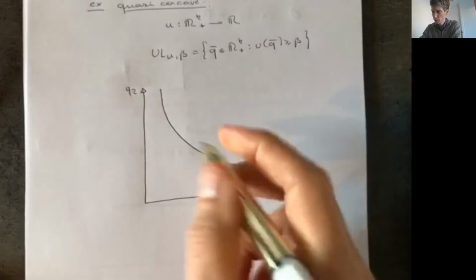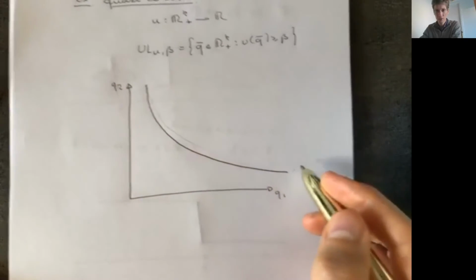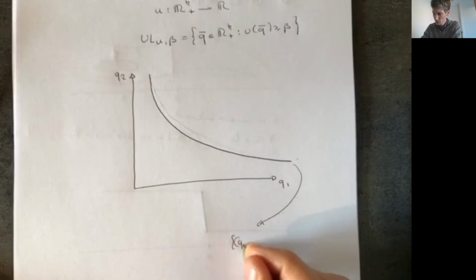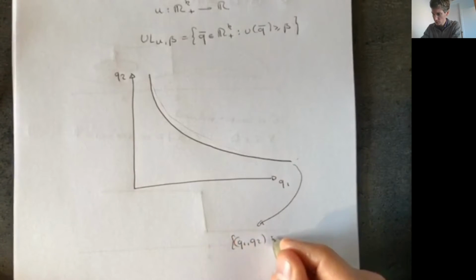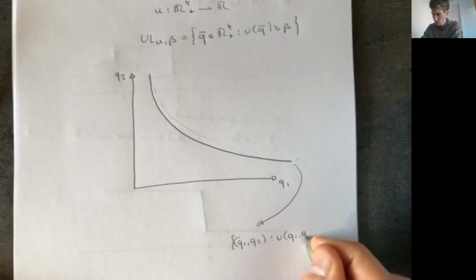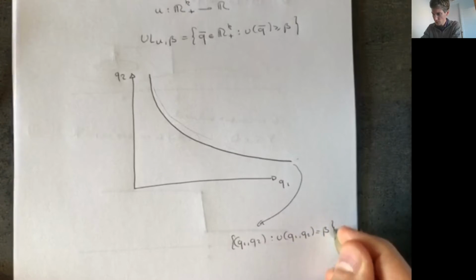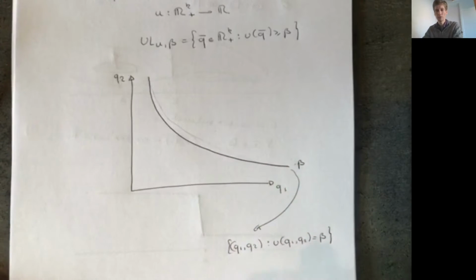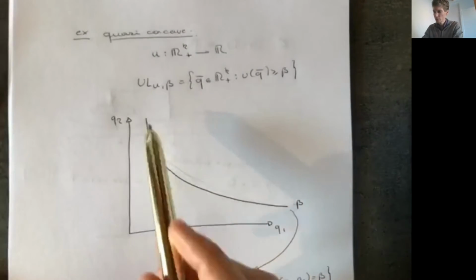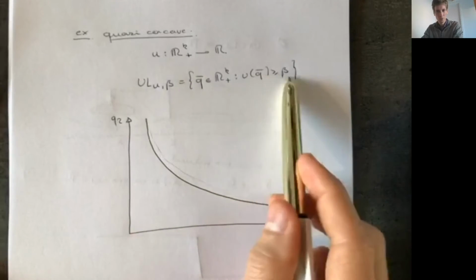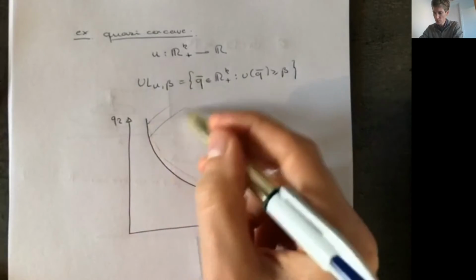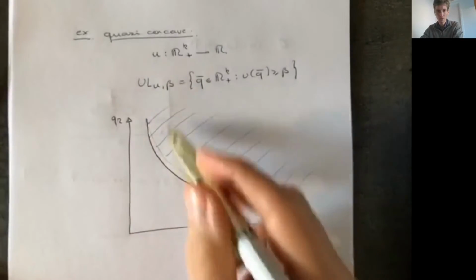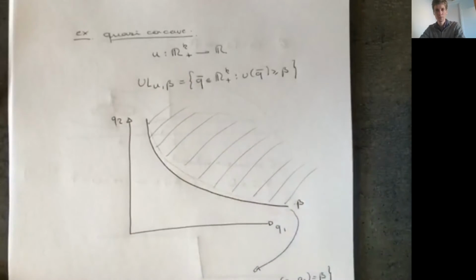So for example, these points here on this line, these are all the bundles q1, q2, such that u of q1, q2 is equal to some fixed number, let's call it beta, right? So this is the indifference curve for level beta. So what now are all the bundles that give utility greater or equal to beta? Well, it's simply all the bundles that are above this indifference curve.